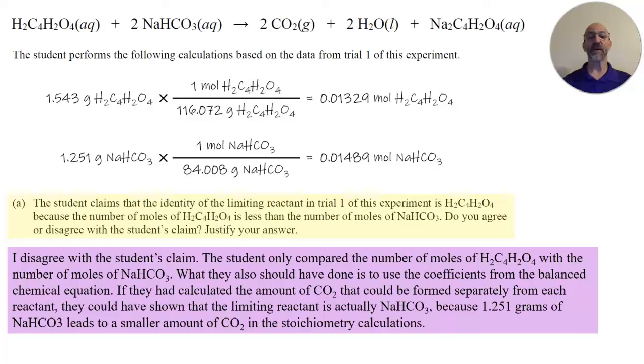The student only compared the number of moles of maleic acid with the number of moles of sodium bicarbonate. What they also should have done is to use the coefficients from the balanced chemical equation.